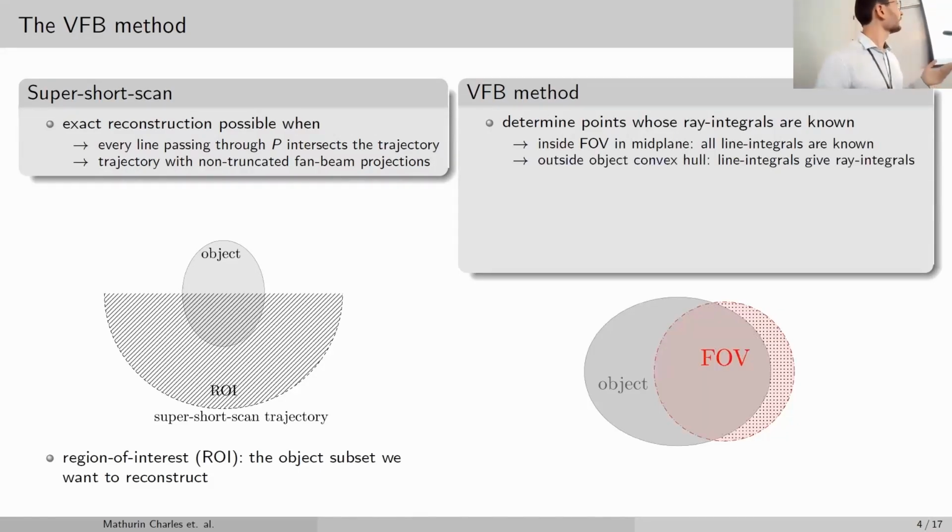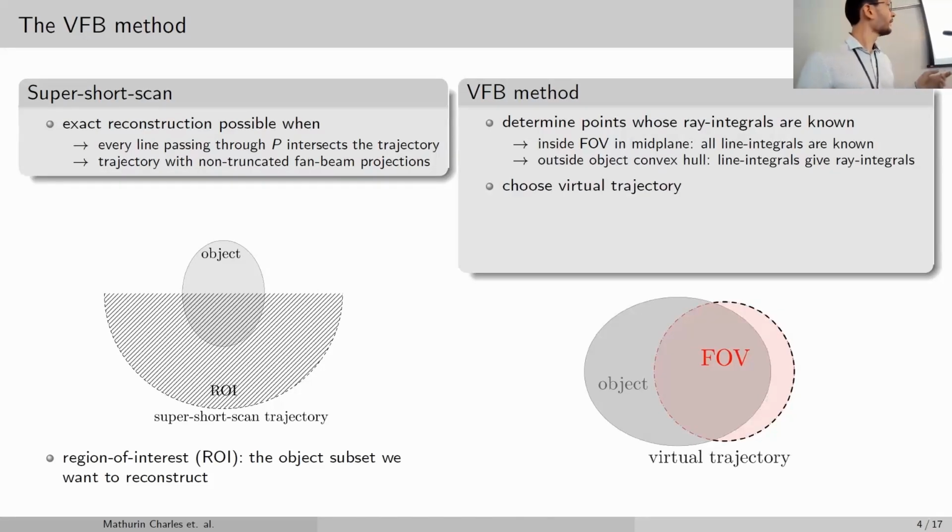And this, in fact, will be possible for all the points outside of the convex hull of the object. Basically, if you take a point outside the object, for a given direction there are two rays, and at least one of the two rays will not intersect the object. So its integral will be 0, and we can attribute the line integral data to the other ray.